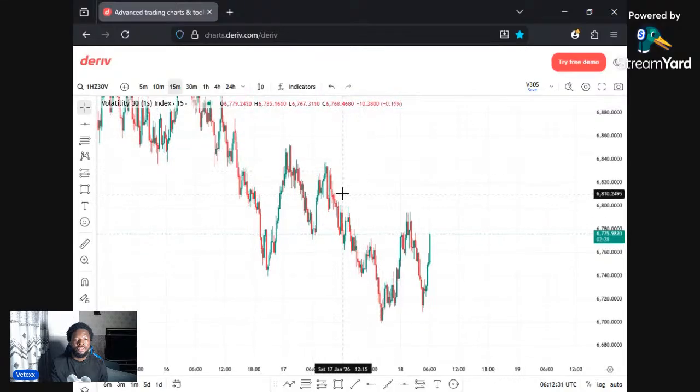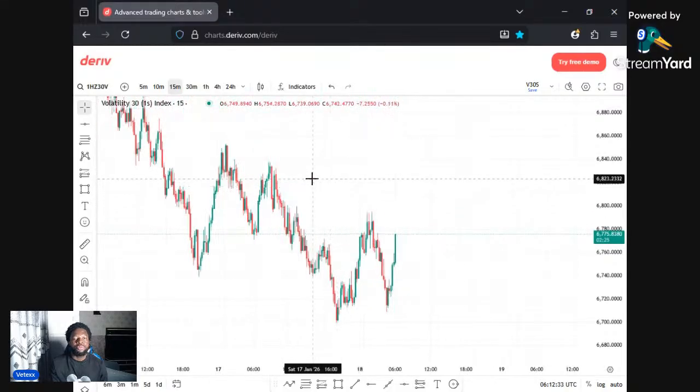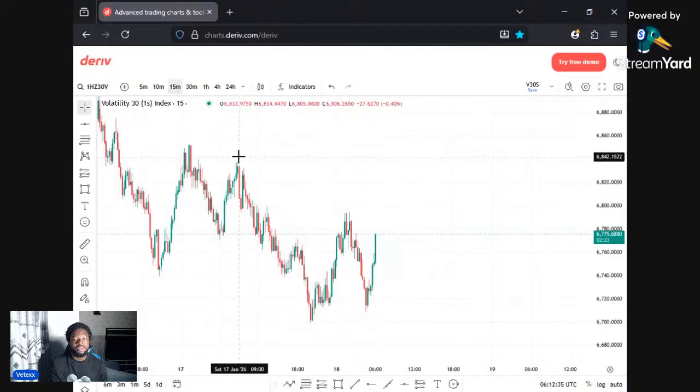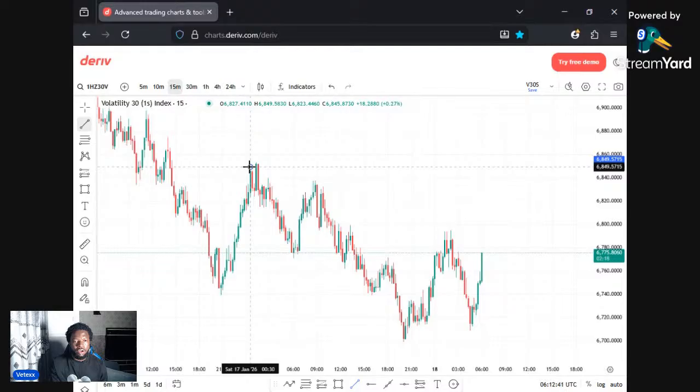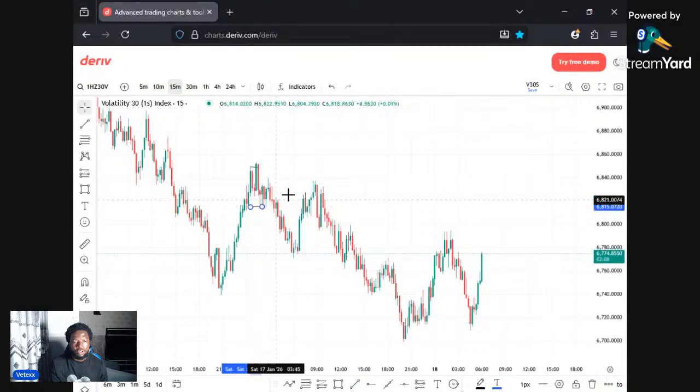On the 15 minutes time frame, it is clear that we can spot a continuation, which is this. We have our sweep of liquidity right here. We have our first break of structure, which is this, right?